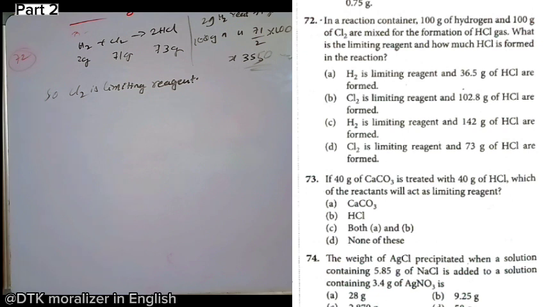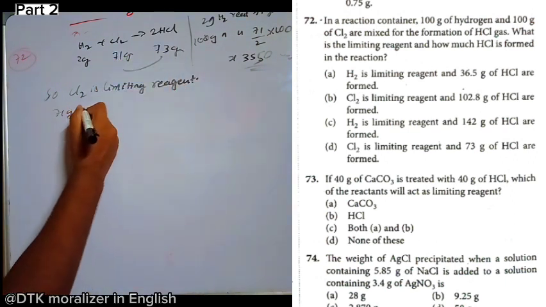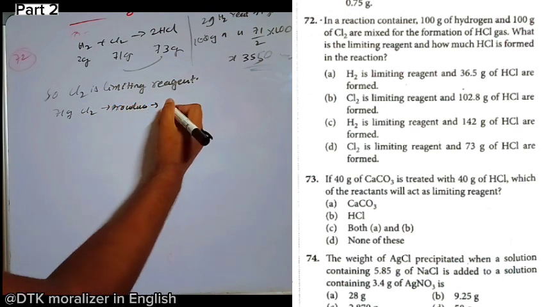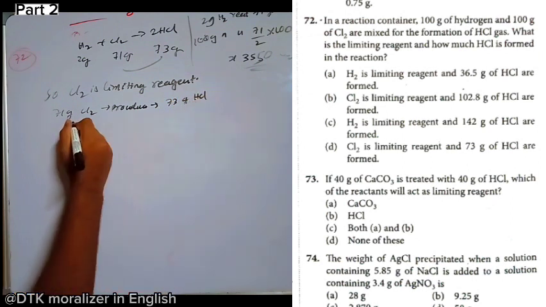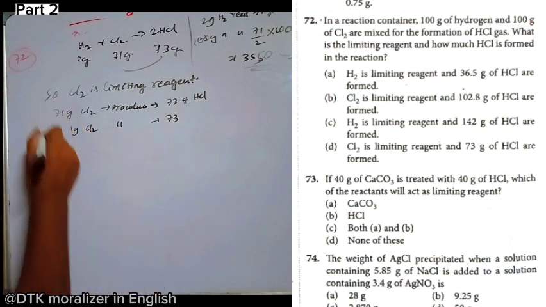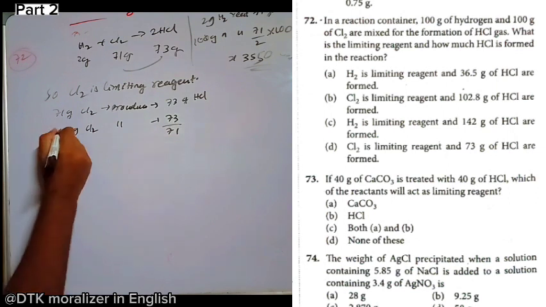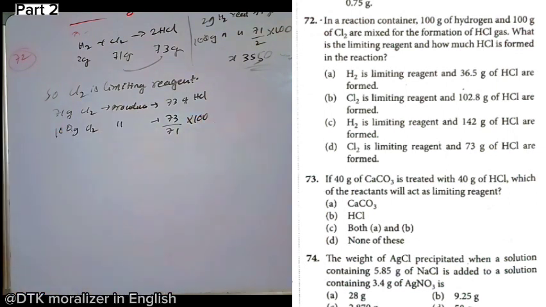Here as you can see, 71 grams of Cl2 produce 73 grams of HCl. For 1 gram Cl2, it is 73 by 71 of HCl produced.